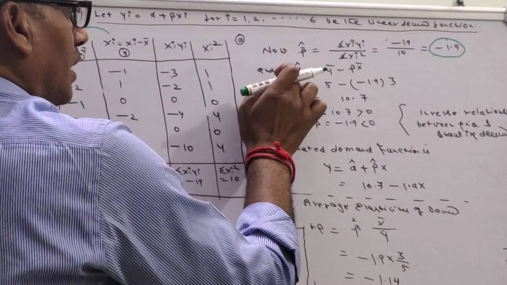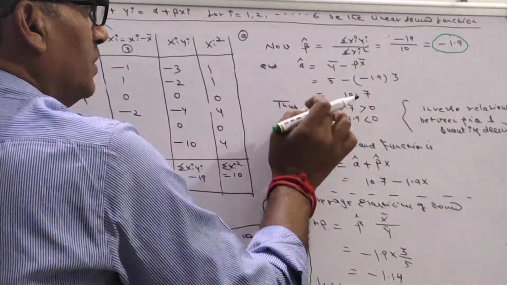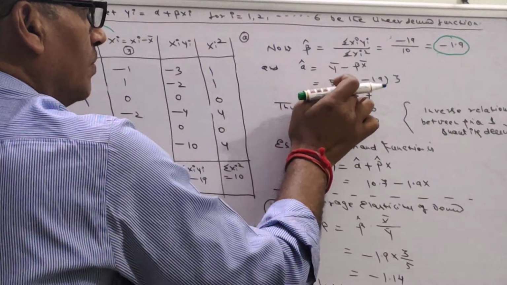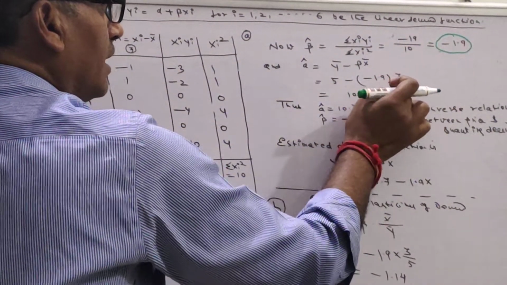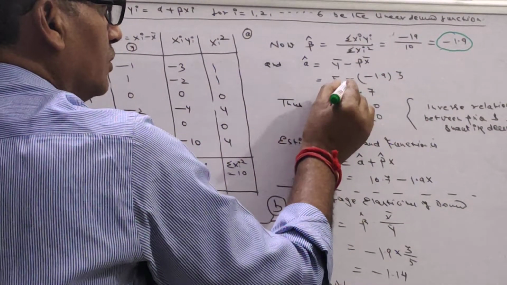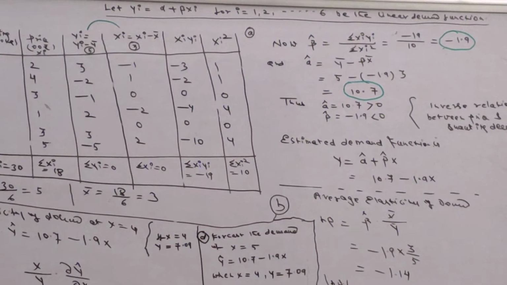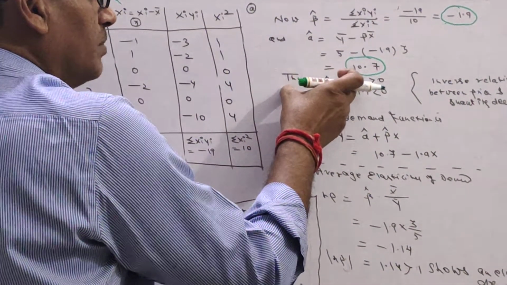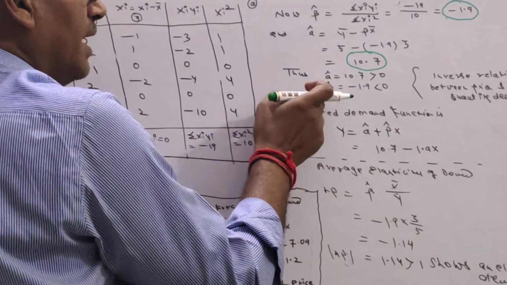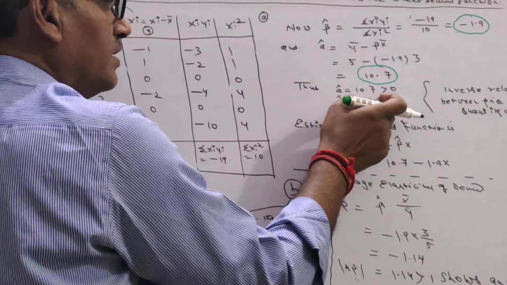Now alpha hat equal to y mean minus beta hat times x mean, where y mean is 5, minus beta, minus 1.9, and x mean here is 3. We get this one. Here in this case, alpha hat equal to 10.7, that is greater than 0, and beta hat equal to minus 1.9, less than 0.